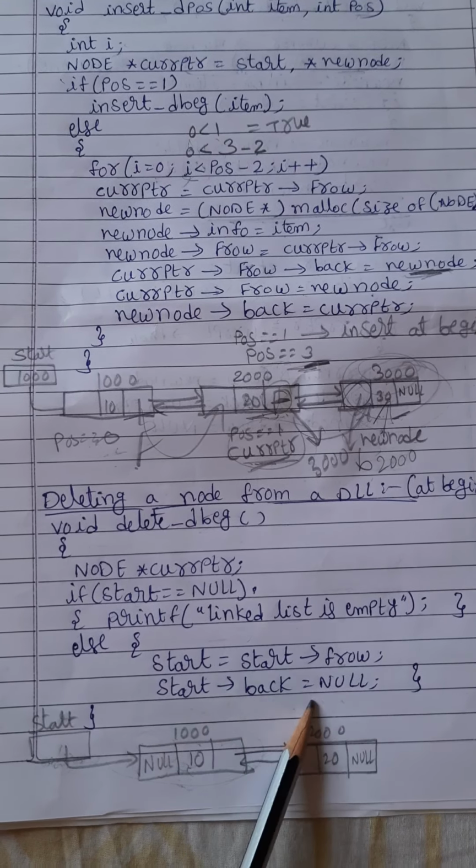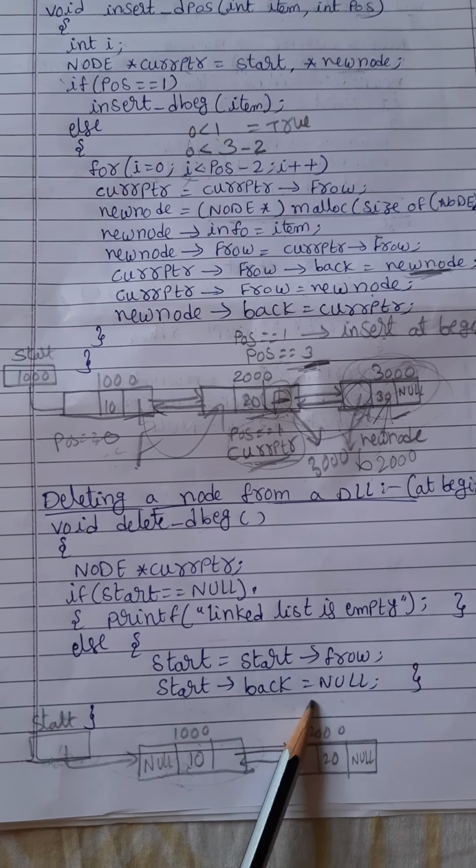Otherwise, we check the condition, start to fro equal to null or not. If start to fro equal to null, then start is also equal to null. Automatically it will report that the linked list is empty. We can't delete the element.